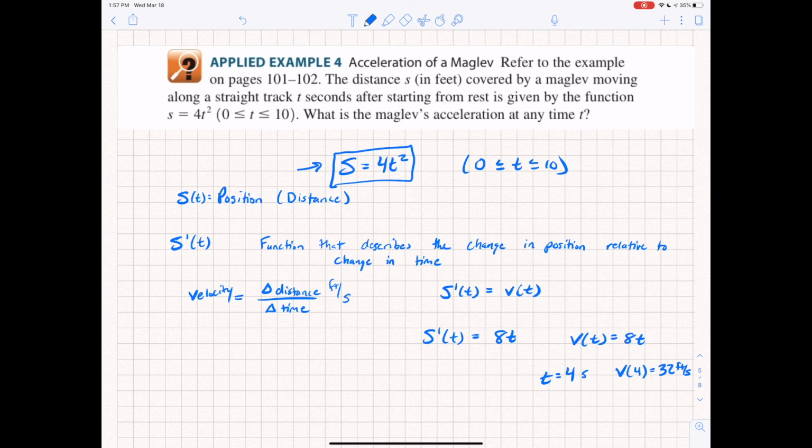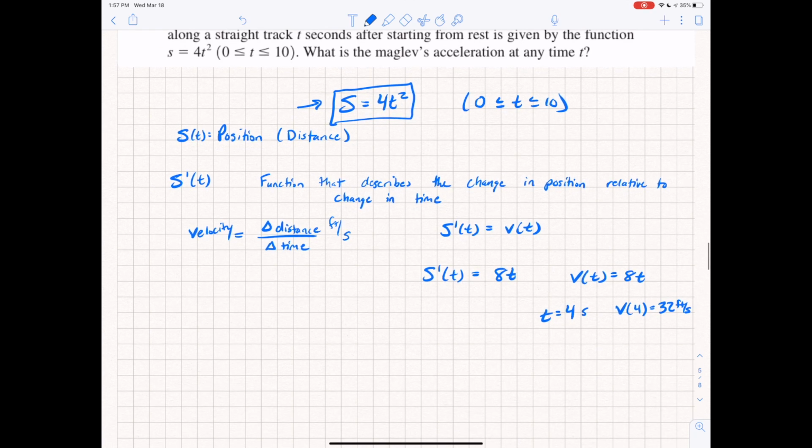Well, what if I take this in another higher order? What if I derive this again? So if I find the second derivative of my position, this would be the first derivative of velocity, meaning that what this would describe would be a change in velocity relative to a change in time.